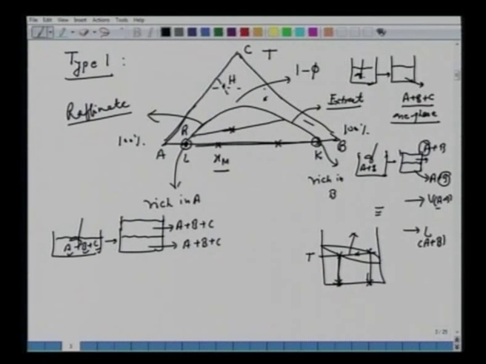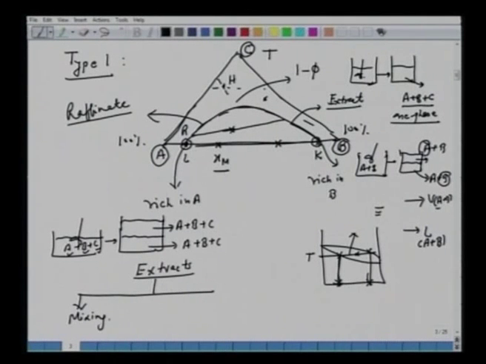Let's try to understand the meaning of this. A we are using as a feed, C is a solute, and B is a solvent. Take any mixture of A plus B plus C anywhere within this region, stir it. So extraction always consists of 2 steps. One is mixing and one is settling.